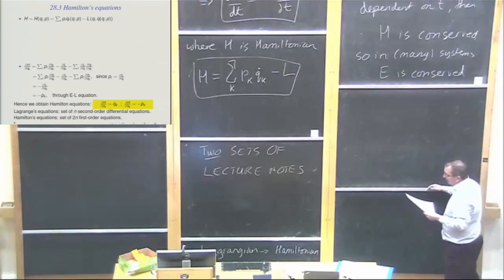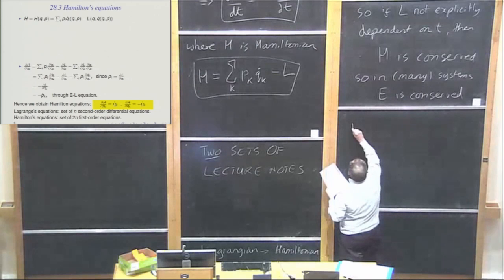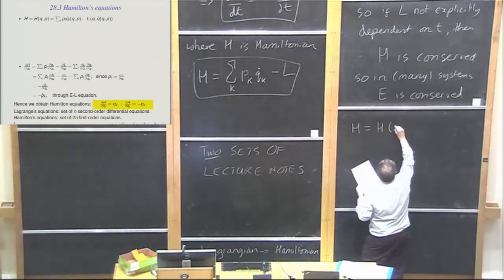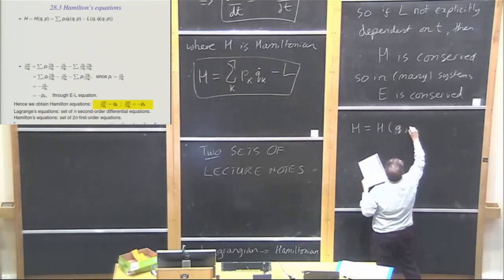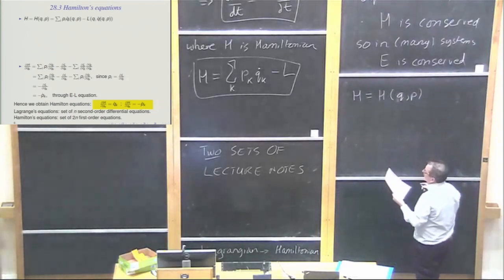So let us do that now. Let's be clear that the Hamiltonian, we want to regard as being just a function of Q and P. Those are the coordinates we want to work in.